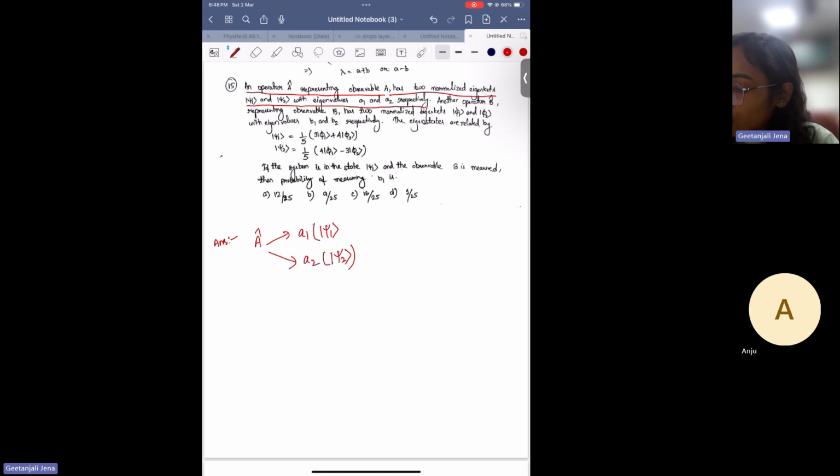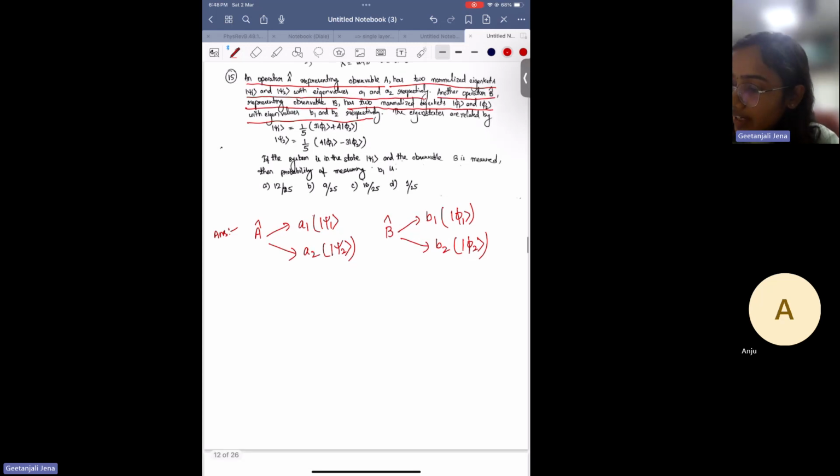And also another operator B representing observable B has two normalized eigenkets phi1 and phi2 with eigenvalues b1 and b2 respectively. So what is also given: another operator B, whose eigenvalues are b1 and b2 with eigenkets phi1 and phi2. These two different operators are given.